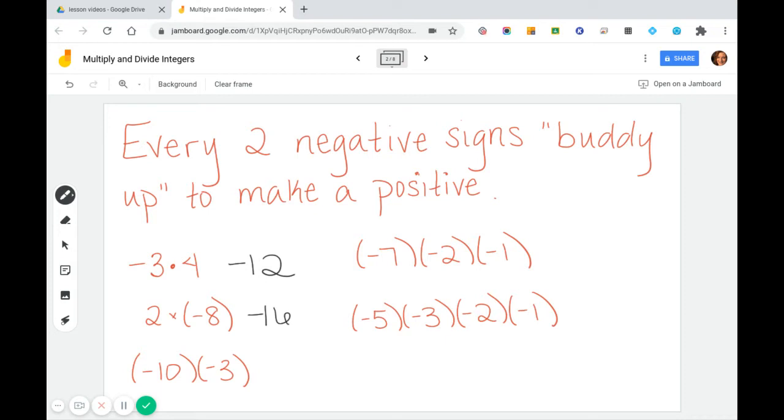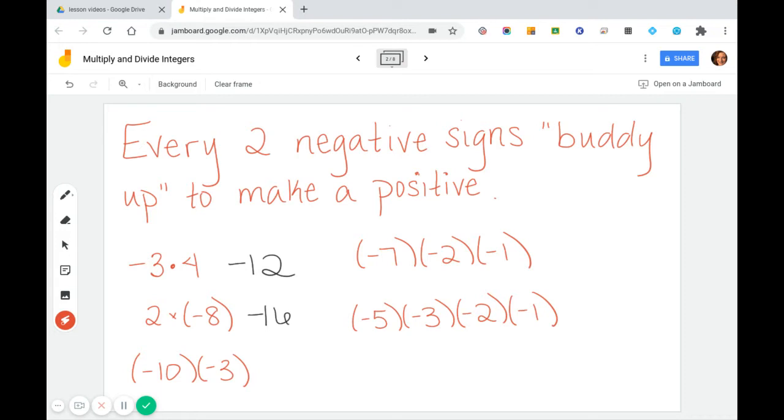-10 times -3. Now, I've shown you on this first problem, I showed the multiplication with the dot. In the second one, I used the little X. Usually around 7th grade, when you start getting more problems with variables, you'll stop seeing that X as much to mean multiply because it starts to look too much like a variable and can be confusing.